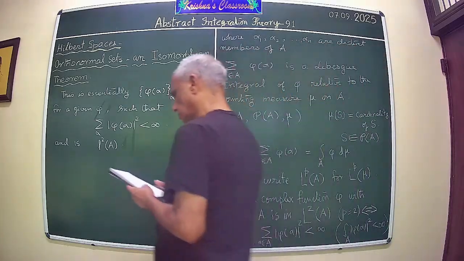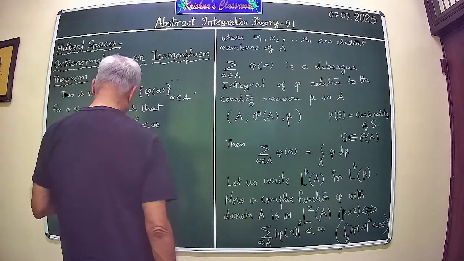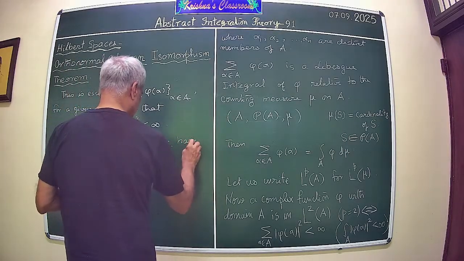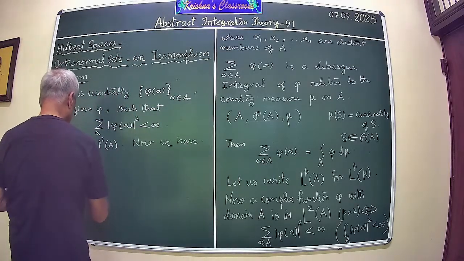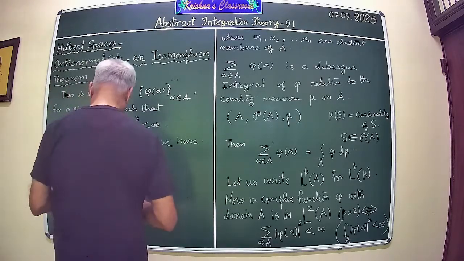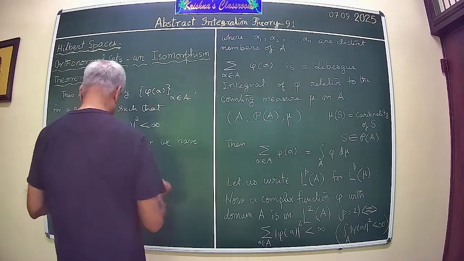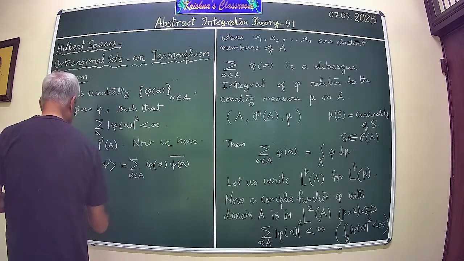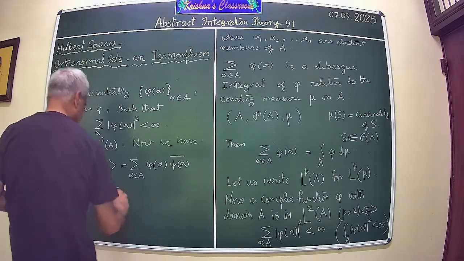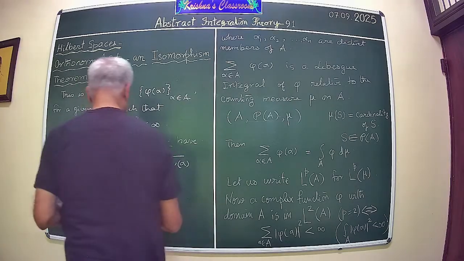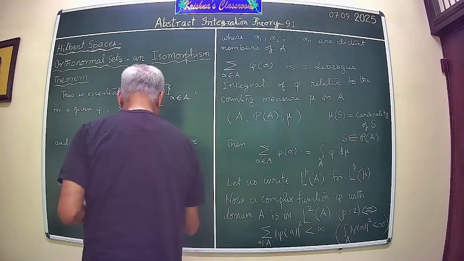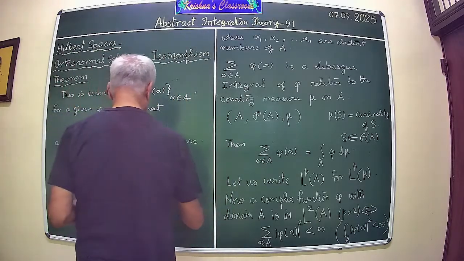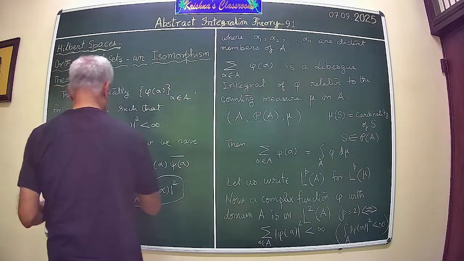This is L2(A). Now we have an inner product on this space, and this is the induced norm now. Okay, and the inner product is given by this.